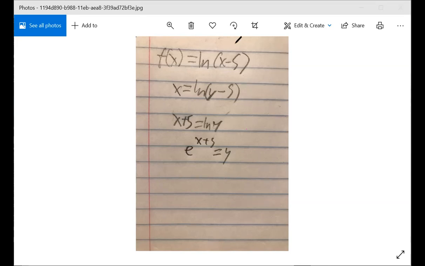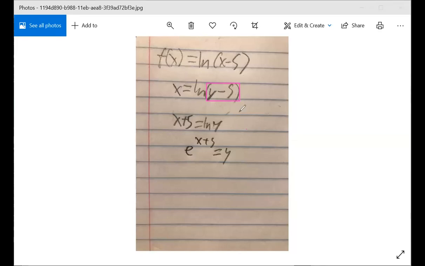We need to treat this piece as one piece. Okay, so we cannot do this. We cannot add 5 and take away the 5 and add the 5 to the other side. What should be done is this.